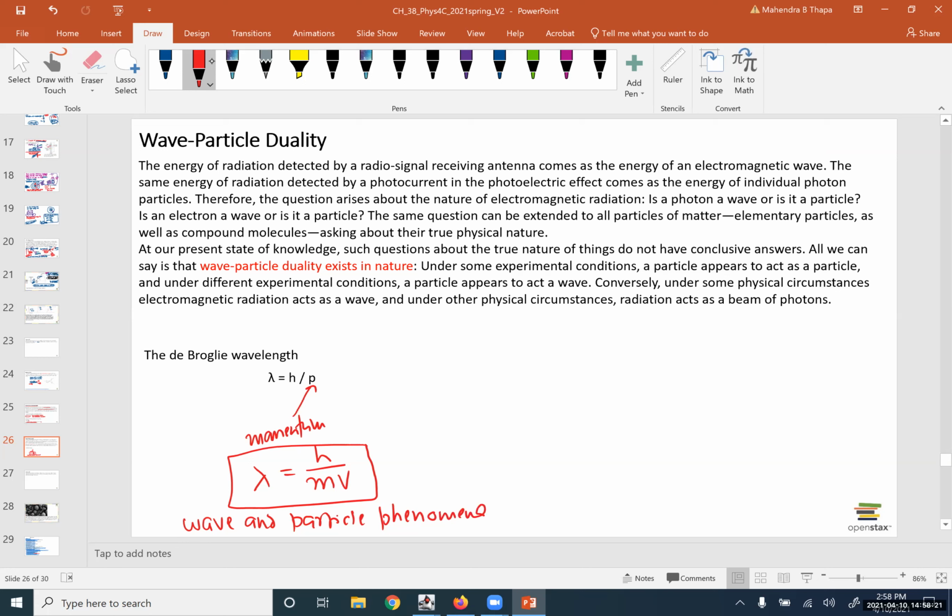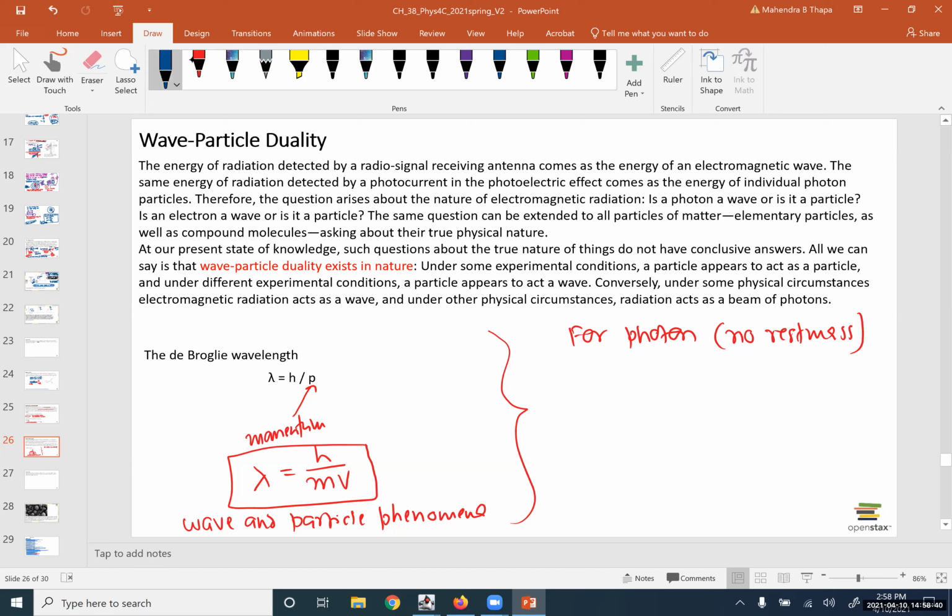But if we are talking about a photon, because a photon has zero rest mass, we can write the following equation we wrote before.